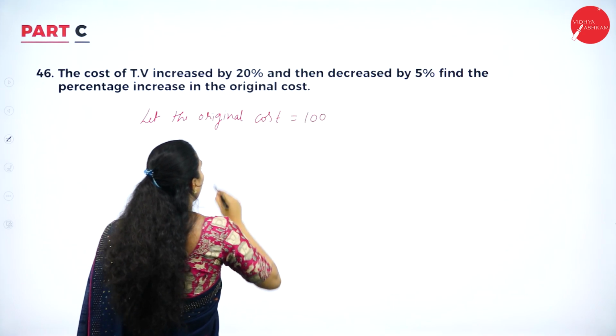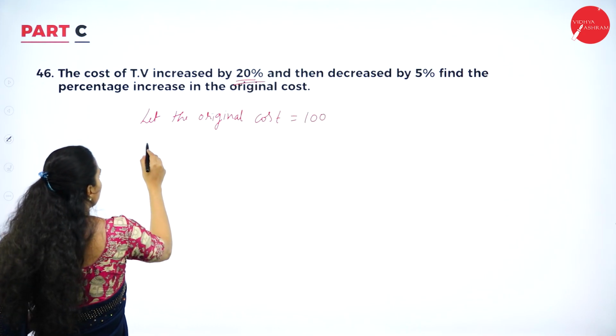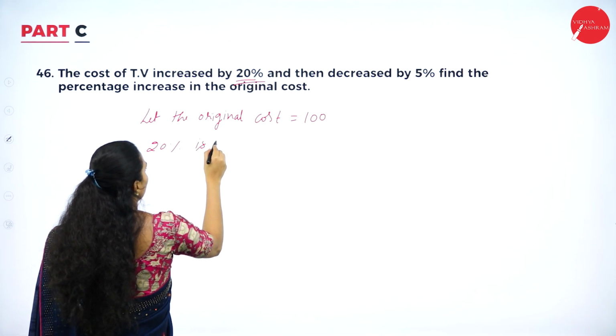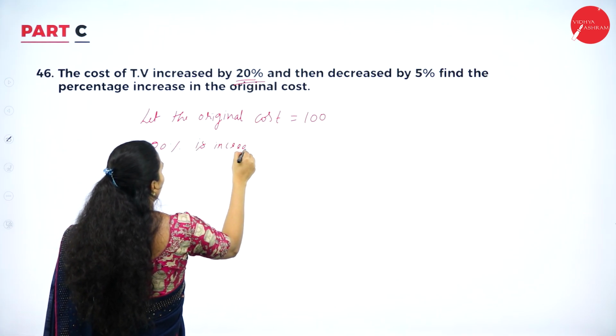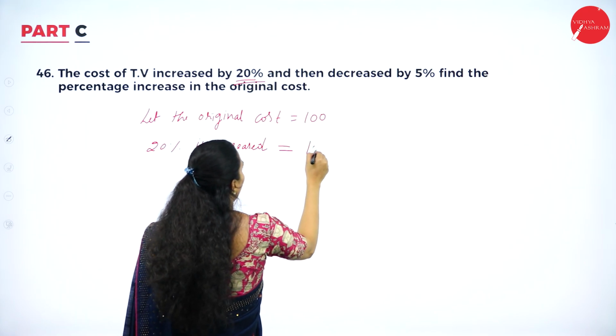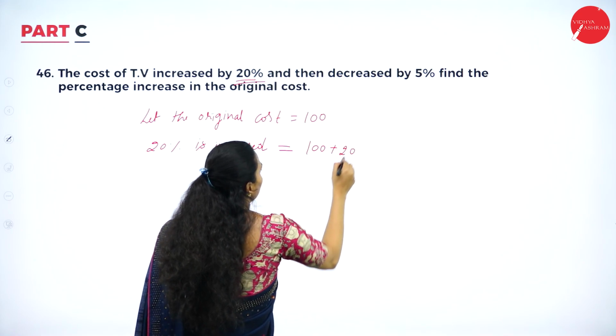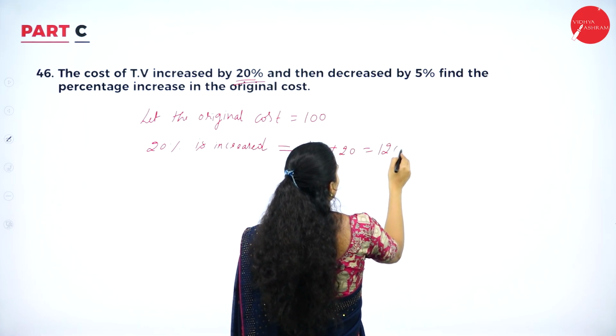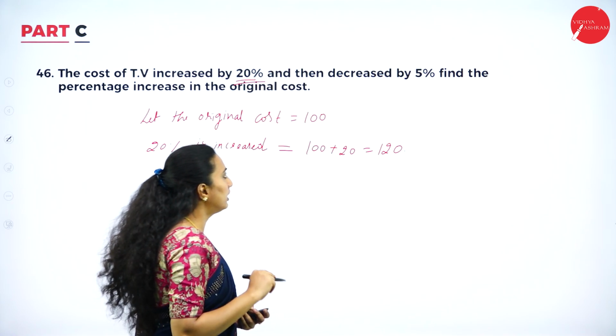Okay. So 20% is increased, means what? 20% is increased with the original cost, means increased is equal to 100 plus 20% of 100, which is 20. So 120.